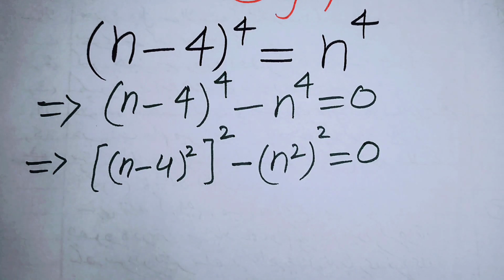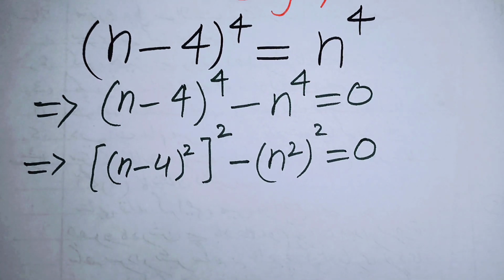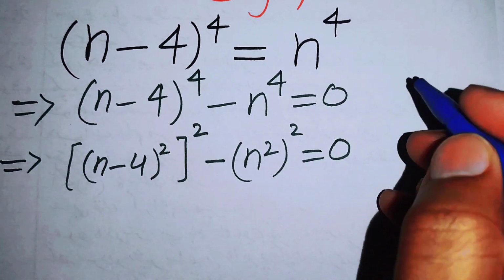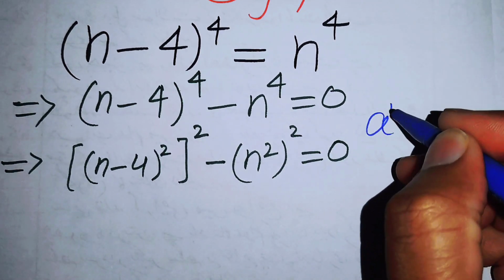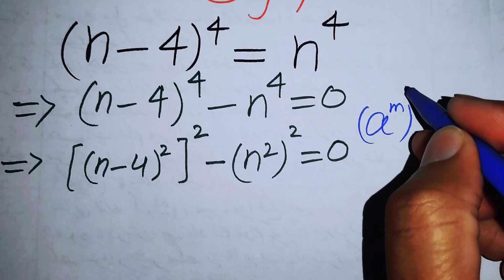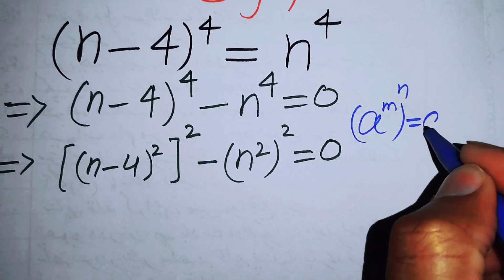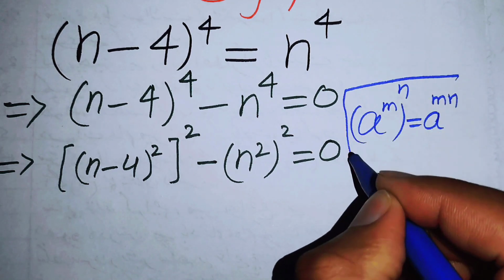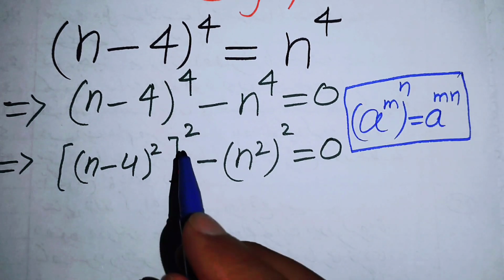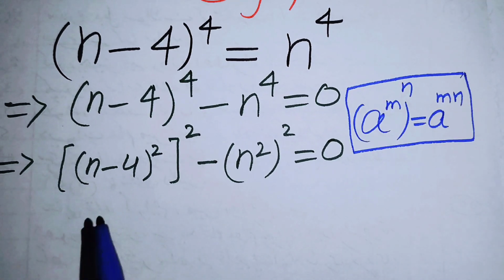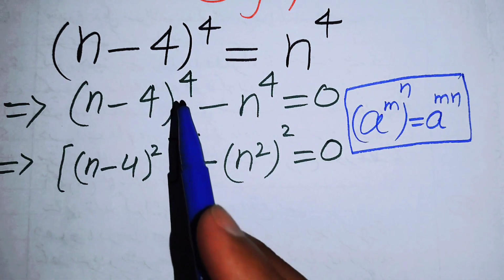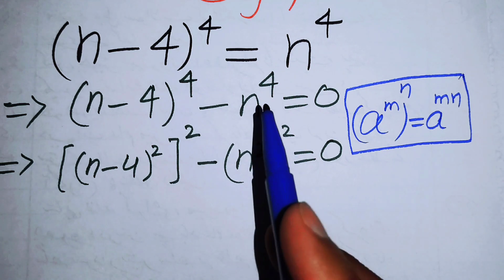Here I can use the nice exponential law: if you have a to the power of m to the power of n, it is equal to a to the power of m times n. I can apply this exponential law to both of the terms, because when you multiply these two powers you get n to the power of 4, and when you multiply these two you get n to the power of 4.